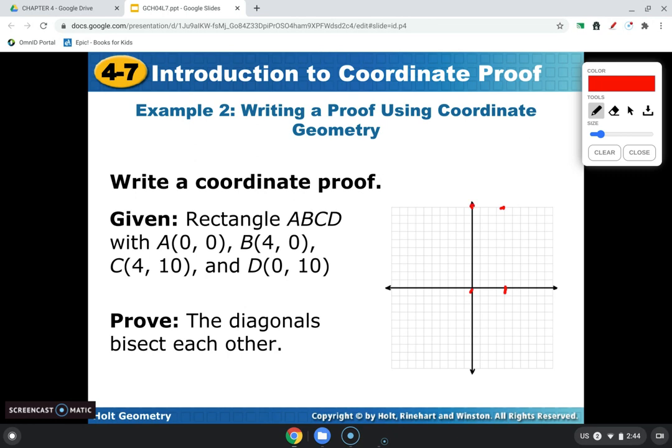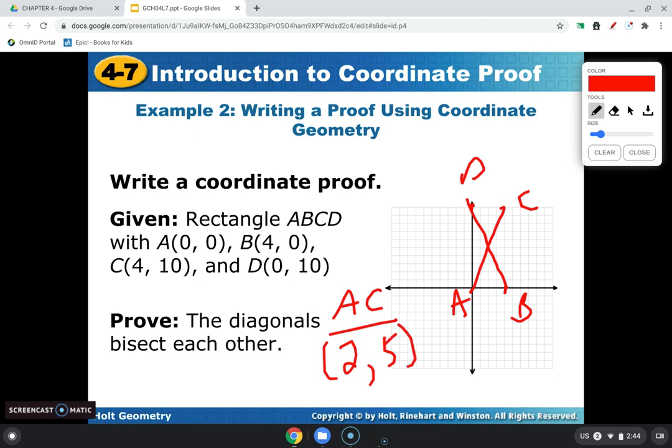To prove the diagonals bisect each other, you would want to find the midpoints of those and show that they are the same. So if we want to find the midpoint, you can use your coordinate geometry formulas. AC would be 0 plus 4 is 4, divided by 2 is 2. 0 plus 10 is 10, divided by 2 is 5.